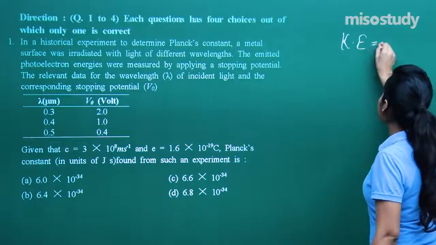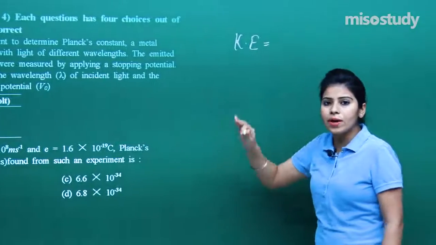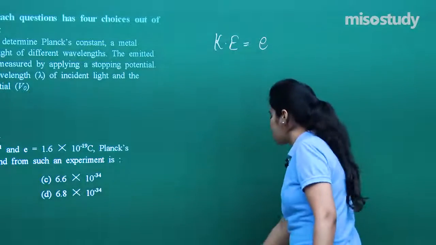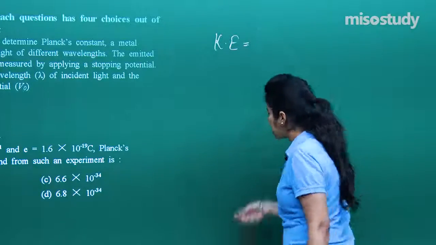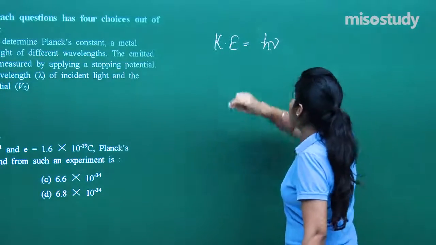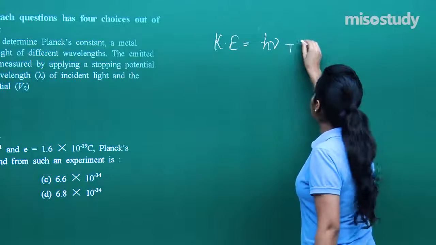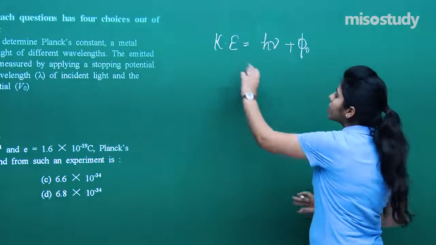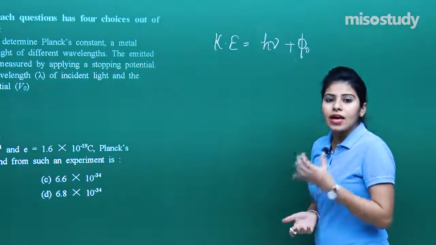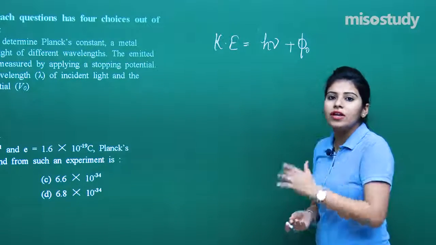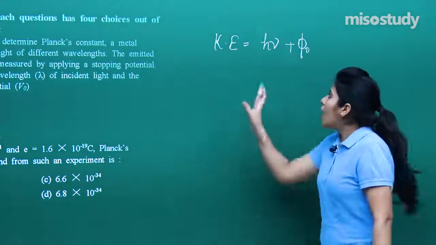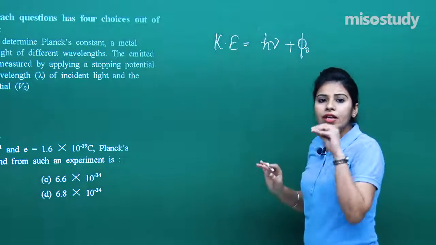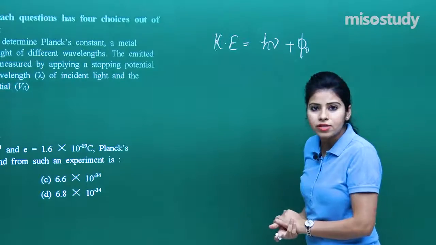The kinetic energy of the emitted electrons equals h nu plus the work function. Here the kinetic energy is the energy with which the electrons are emitted, and h nu is the energy of the photons irradiating the metal surface.